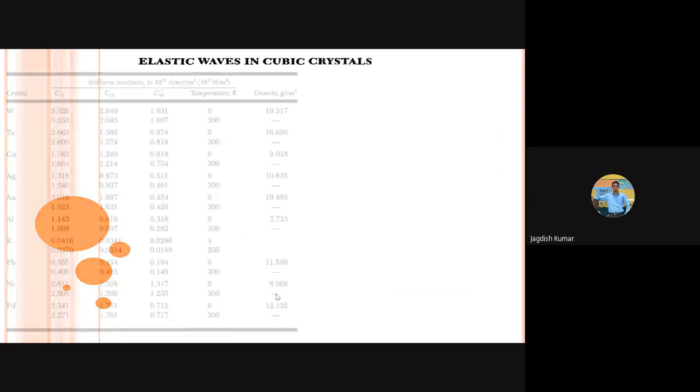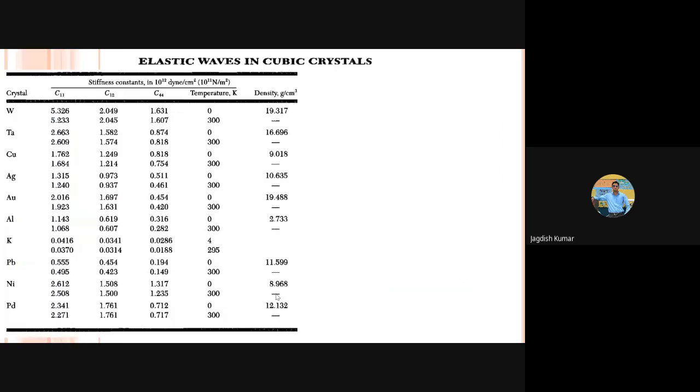Well, so here, this table I have taken from Kittel's book, and it is given in detail there. In this table, they have summarized the values for all these crystals, which are cubic structures: tungsten, tantalum, copper, silver, gold, aluminium, potassium, lead, nickel, palladium.